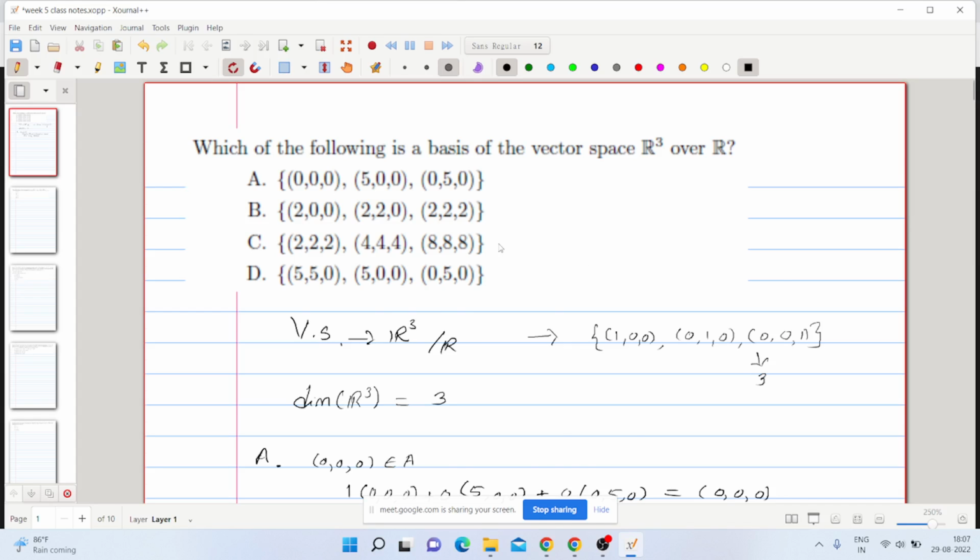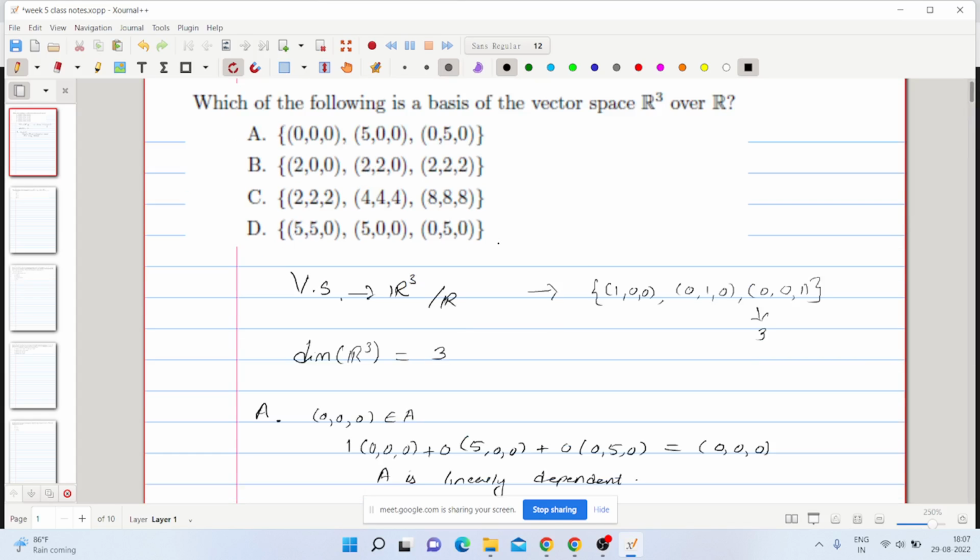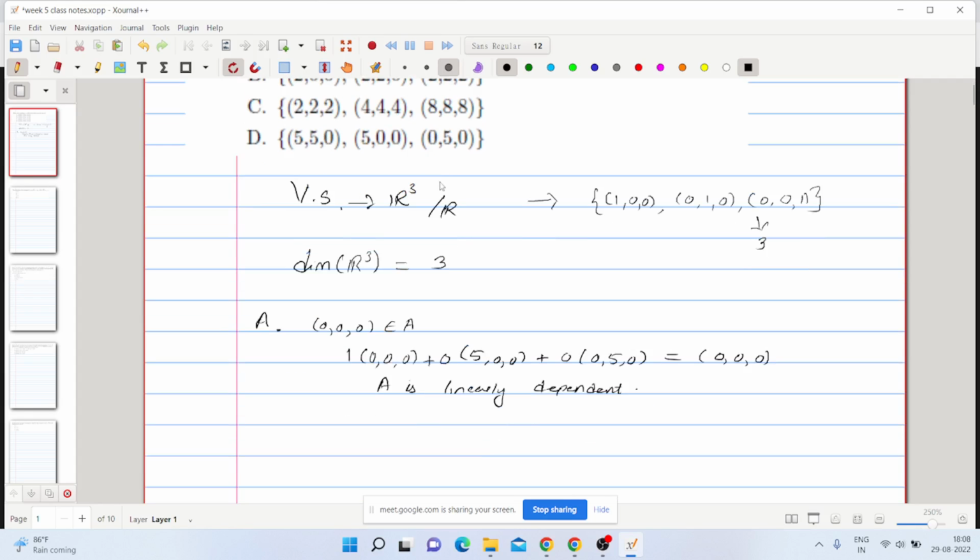Okay, I'll repeat. We have been given this set A. A is the set (0,0,0), (5,0,0), (0,5,0). This has three elements. We know that the basis of R3 has three elements. We already know that. If we are able to prove that this is either linearly independent or this spans R3, then we can say this is a basis. So we are checking whether it is linearly independent or linearly dependent. Here I have one (0,0,0), so I can multiply it with any scalar.